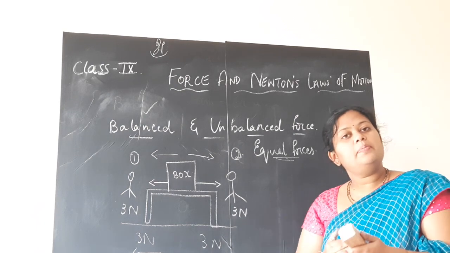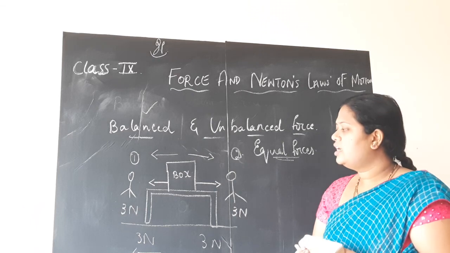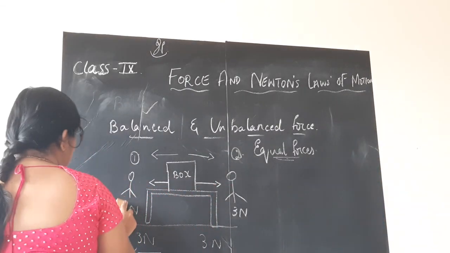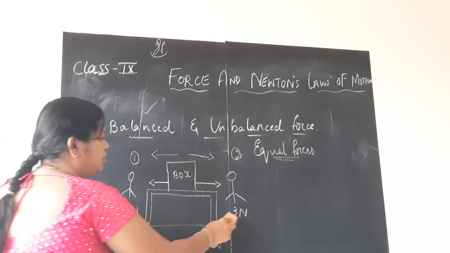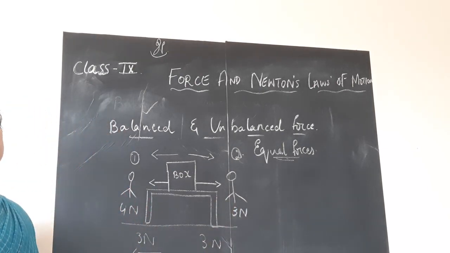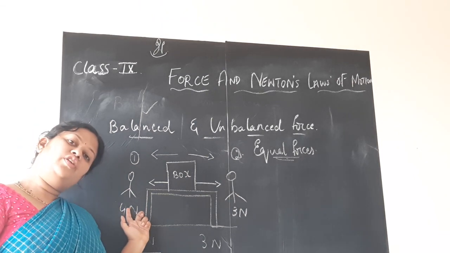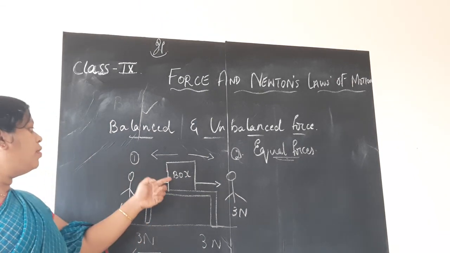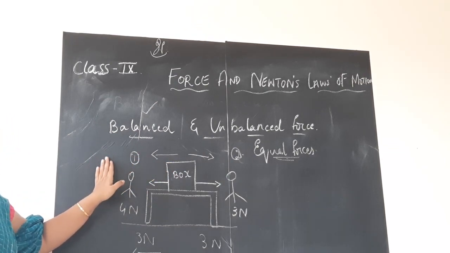If person 2 is applying more force compared to person 1, then the box will move towards the right side. This type of force is called unbalanced force, children. If the first person applies a force of 4 Newton and person 2 applies a force of 3 Newton, which force is more? Of course, 4 Newton is more. So the box will start moving towards the left, that is towards person 1.